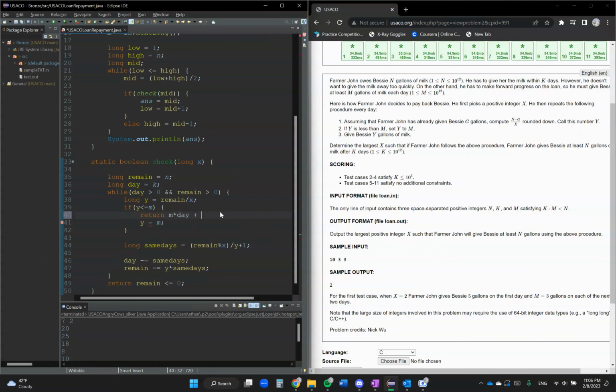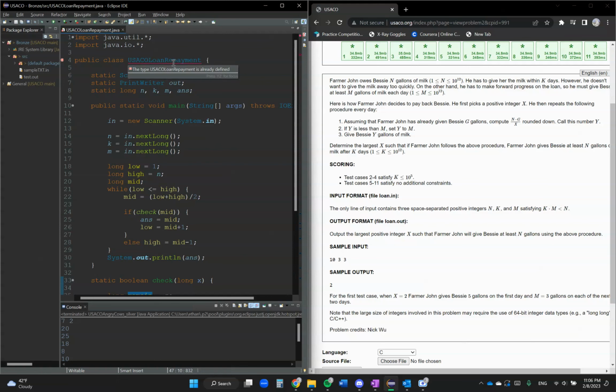Then we compare this to the amount of remaining milk. If this is greater than or equal to the amount of remaining milk, that means Farmer John can successfully give all the milk to Bessie.